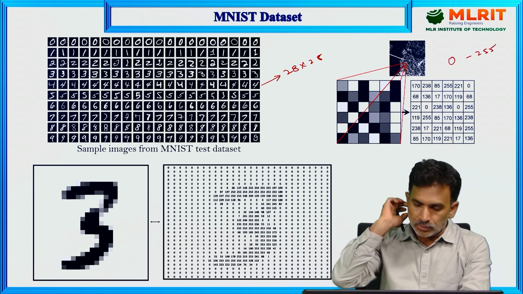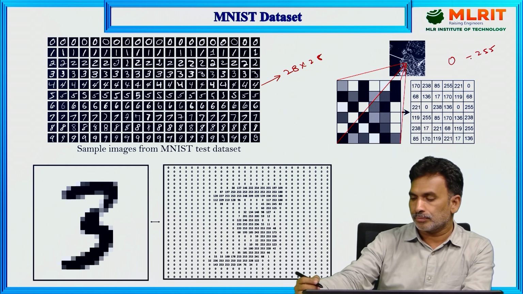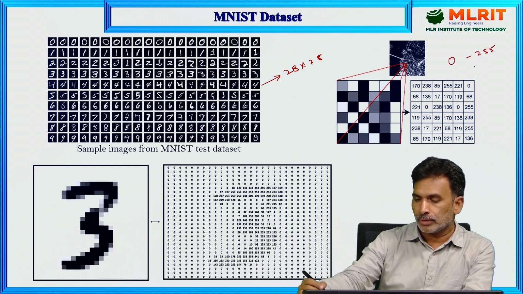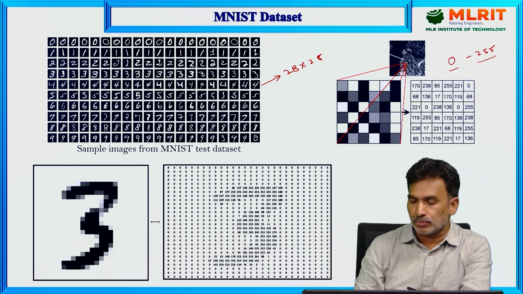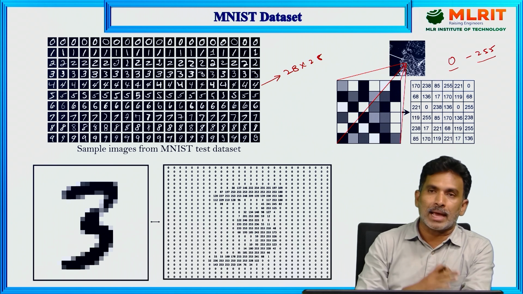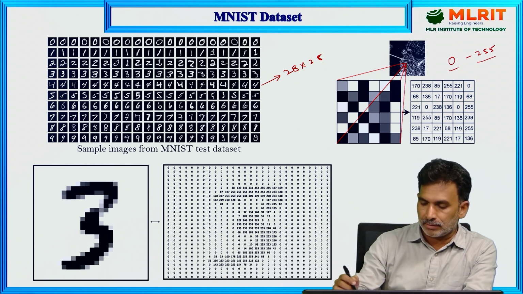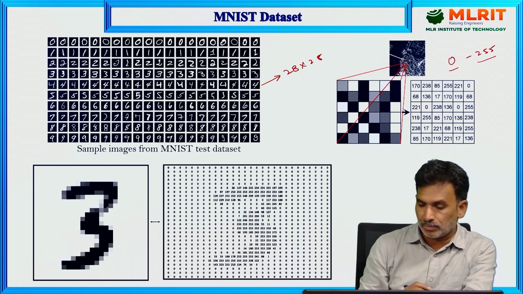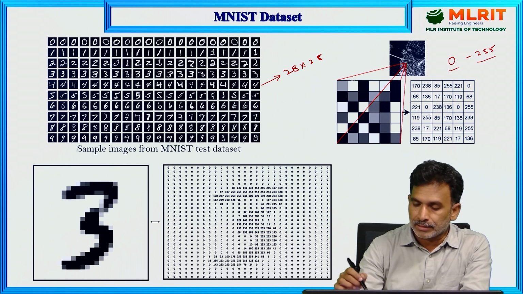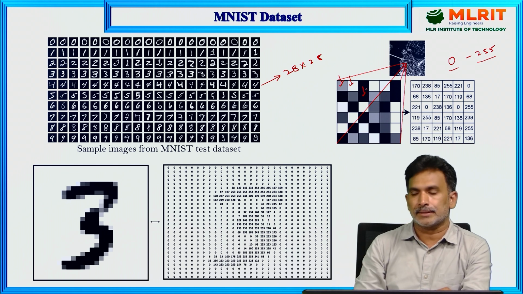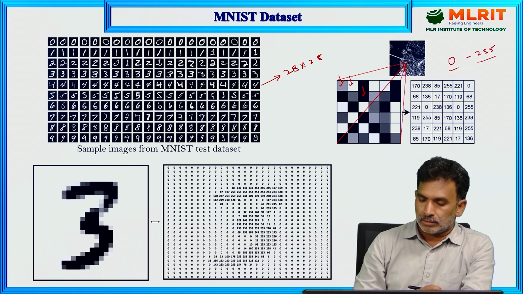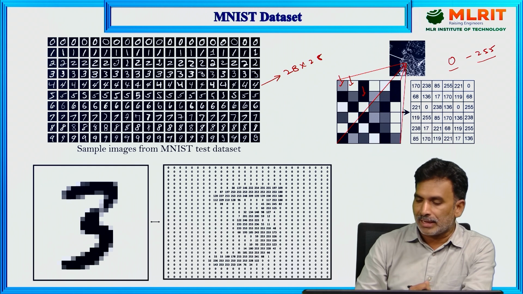The value 0 represents black color. You can see from this image that there are different shades, like gray, white, and dark black, and each pixel has a grayscale value.